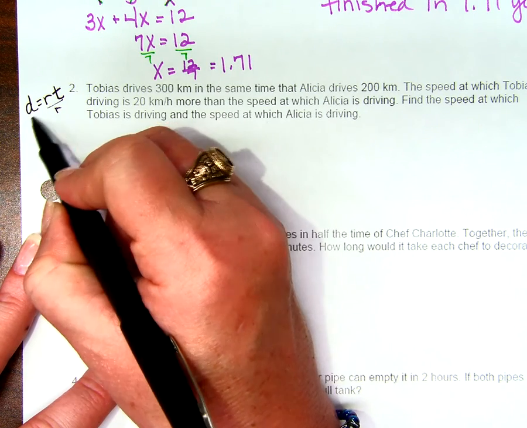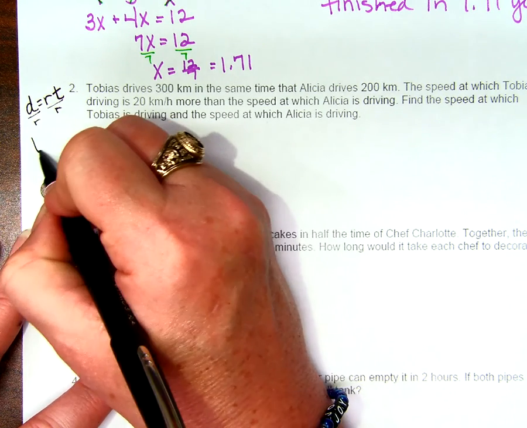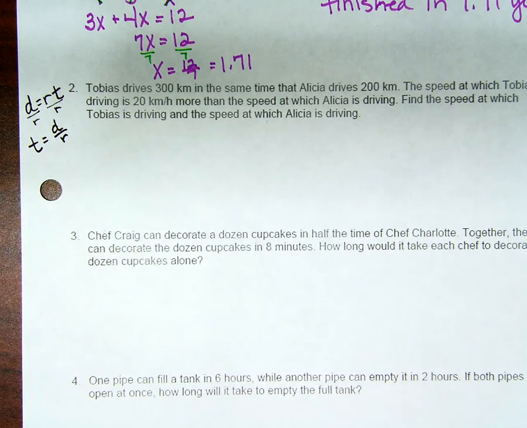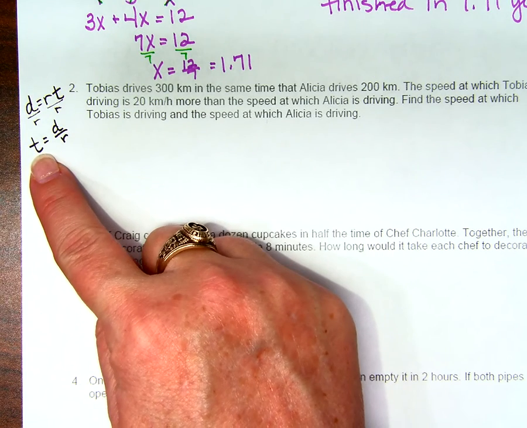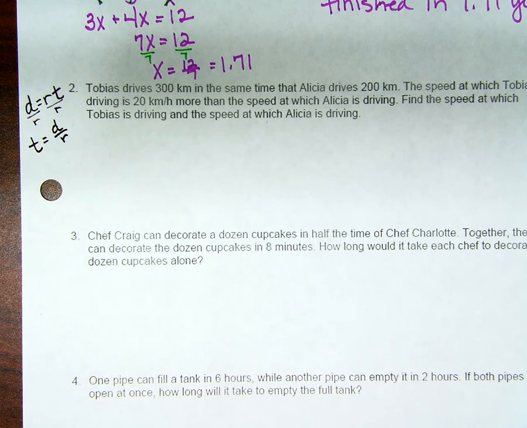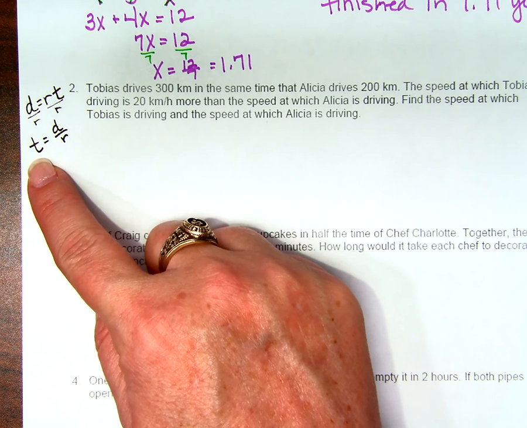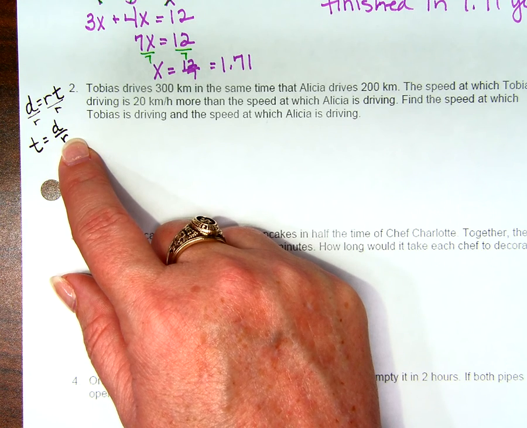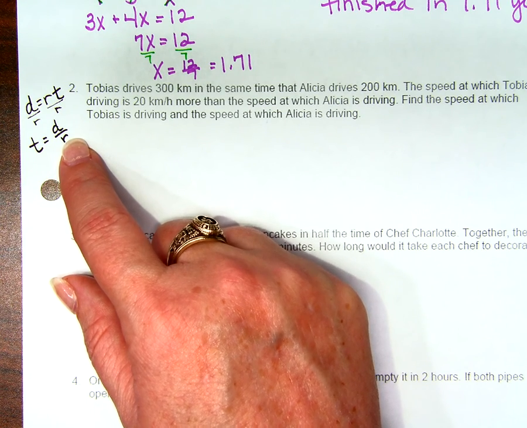So divide it by the rate. So time is actually equal to distance over rate, correct? Well, if their times are equal, shouldn't their distance over rates be equal? Because they're the same thing, right?